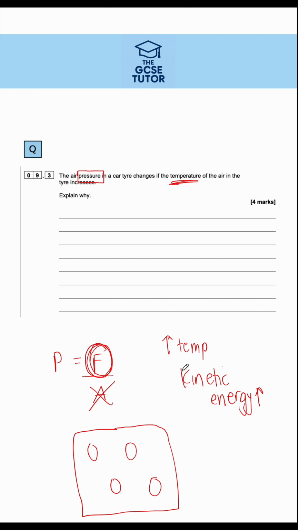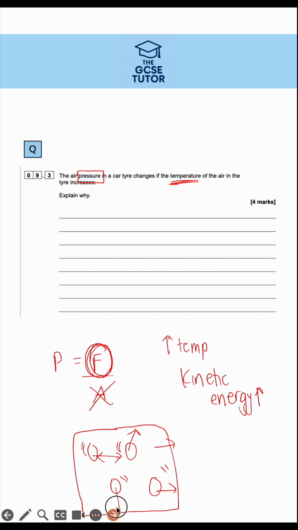By increasing the temperature, the particles are going to be moving a lot faster. This means that they're going to be colliding more with each other, but that doesn't increase or decrease the pressure. Because the kinetic energy is increased, they're also going to be colliding with the surface a lot more.